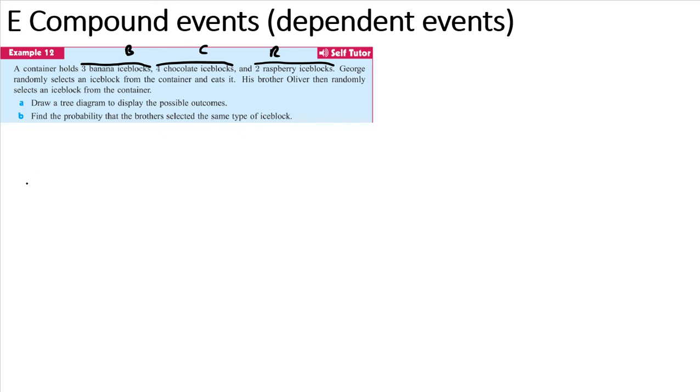For the first selection, we have the possibility to get a banana, a chocolate, or a raspberry ice block. We have 3 banana, 4 chocolate, and 2 raspberry ice blocks. So 2 plus 4 is 6, plus 3 is 9. So in total we have 9 ice blocks.